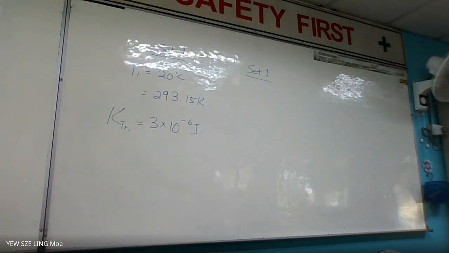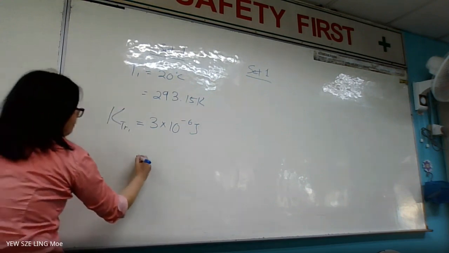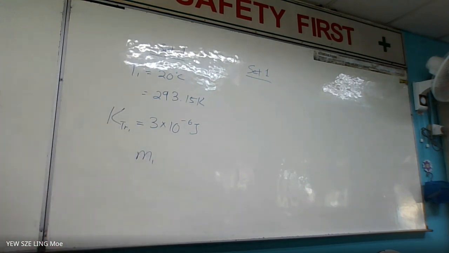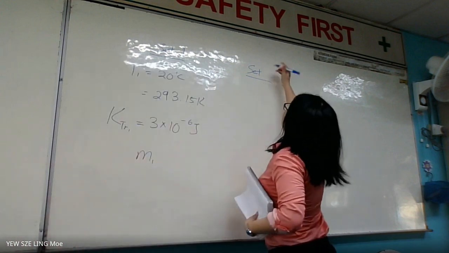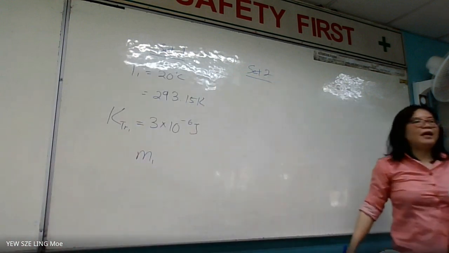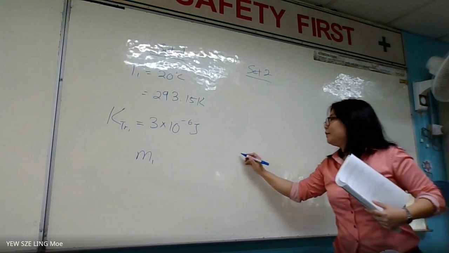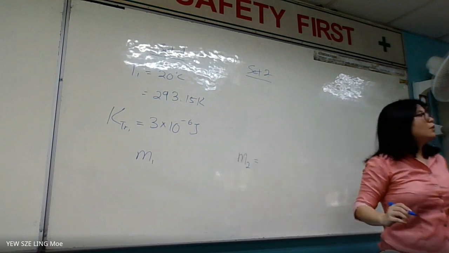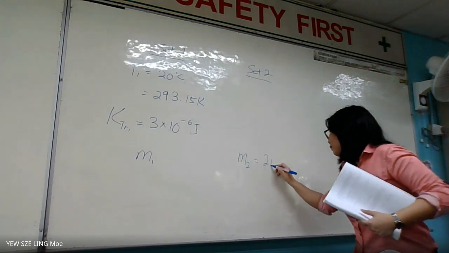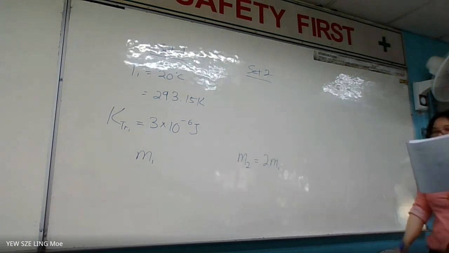And then the mass of the gas is then doubled, which means initially you have the mass equal to M1. So now it tells you the mass is doubled. So which means your M2 is now equal to what? Very good, 2M1.